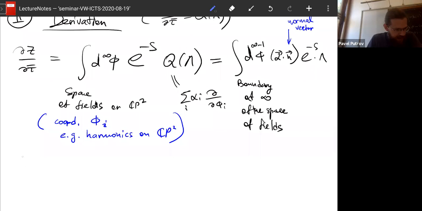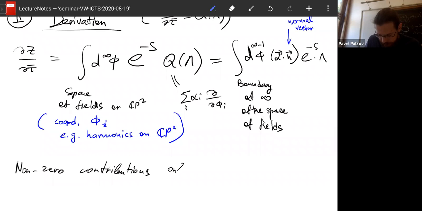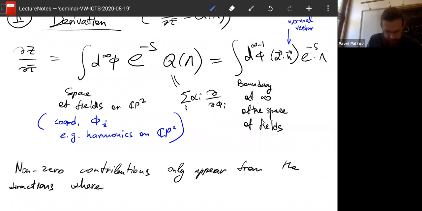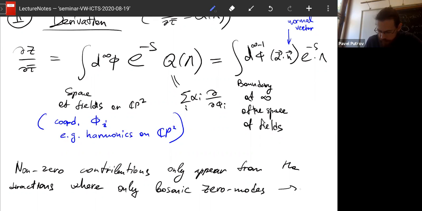But one can simplify things by making the following observation: the non-zero contributions can only appear from the directions where only bosonic zero modes go to infinity.